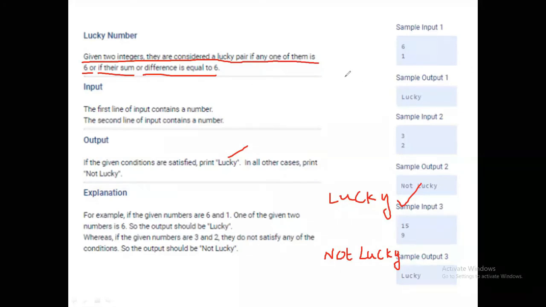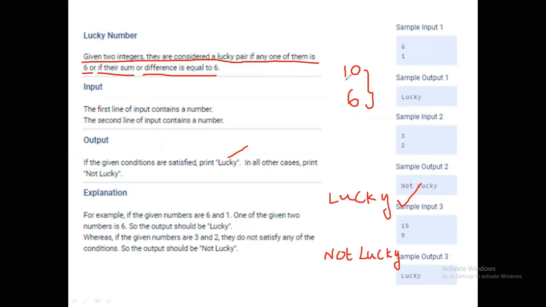For example, I read 10 and 6. So they are considered a lucky pair. These two are called a lucky pair if any one of them is 6, if in these two numbers there is a 6, then we say that it's a lucky pair.